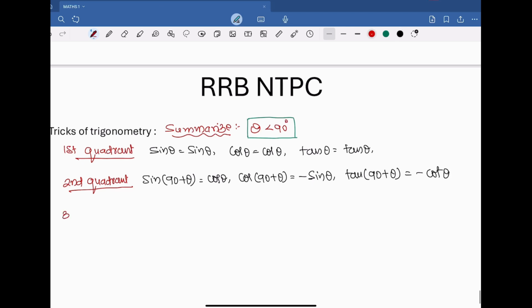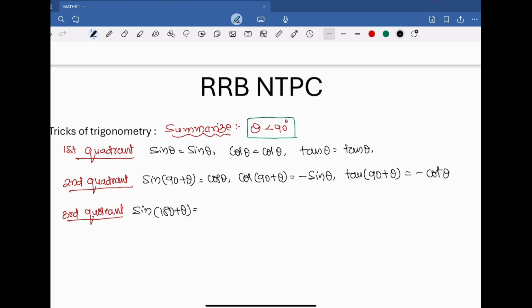In the third quadrant, sin 180 plus theta is equal to minus sin theta, all silver teacups, except tan, all are negative.